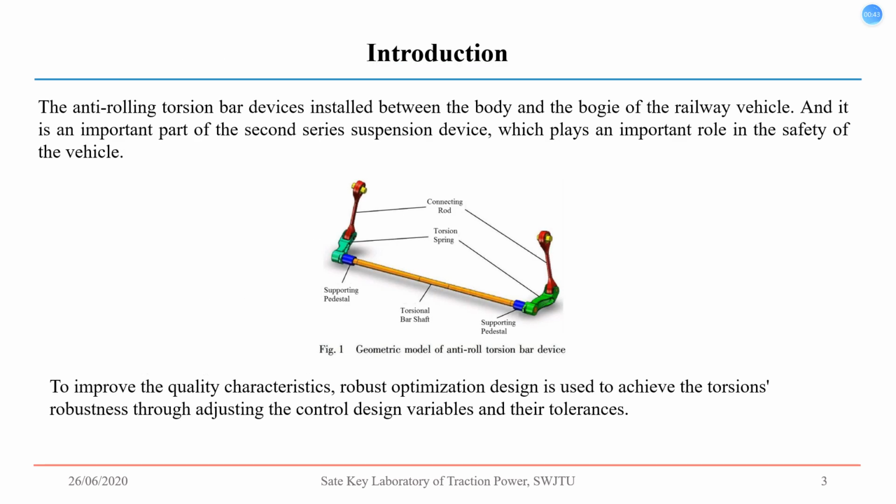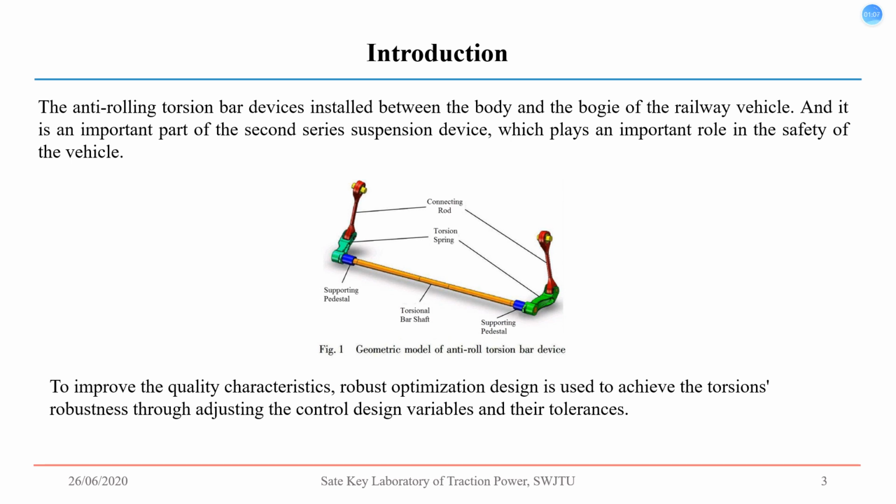As we all know, the anti-rolling torsion device is installed between the body and the bogie of the railway vehicle. It is an important part of the secondary suspension device, which plays an important role in the safety of the vehicle.